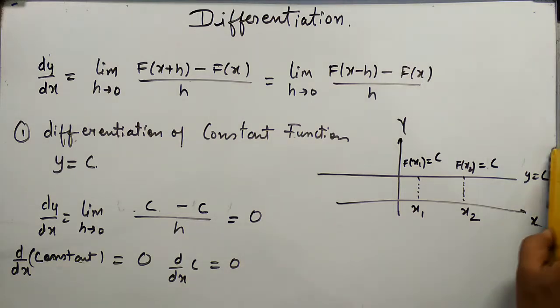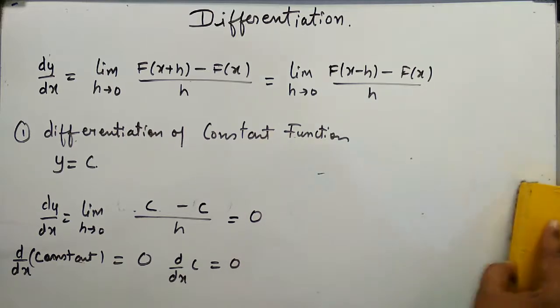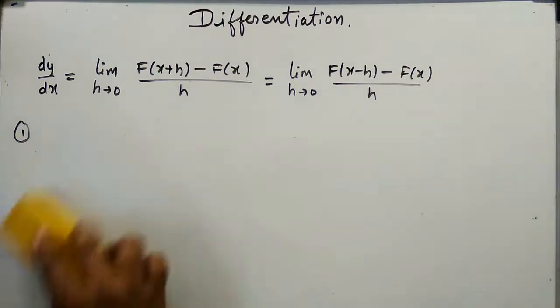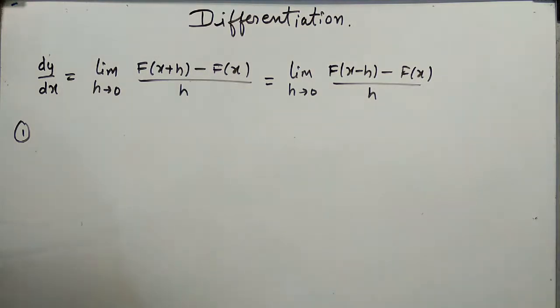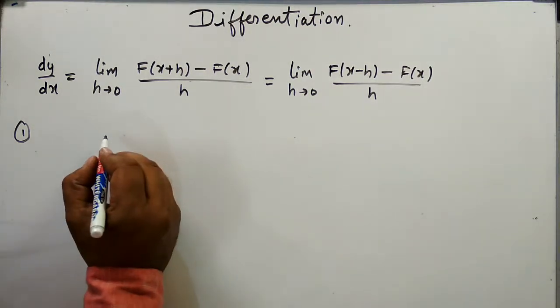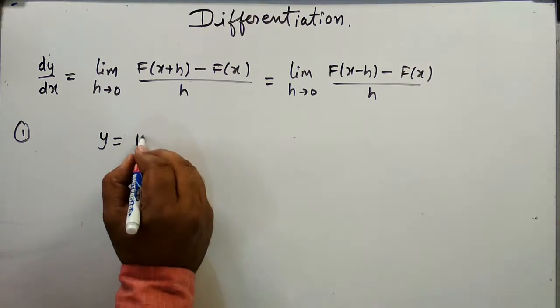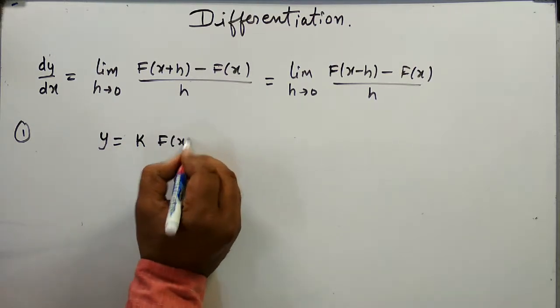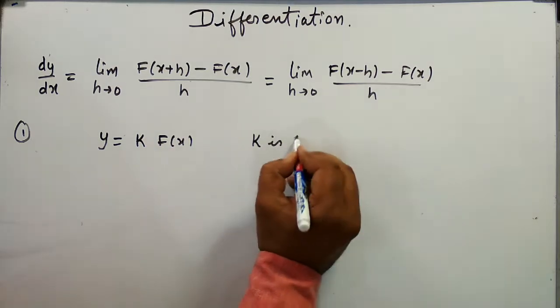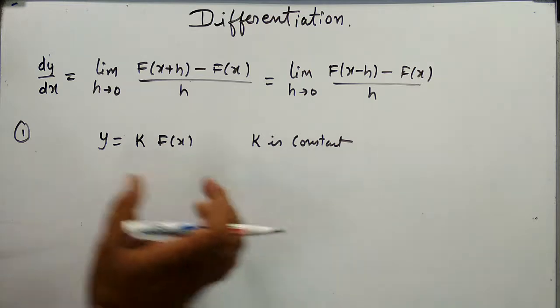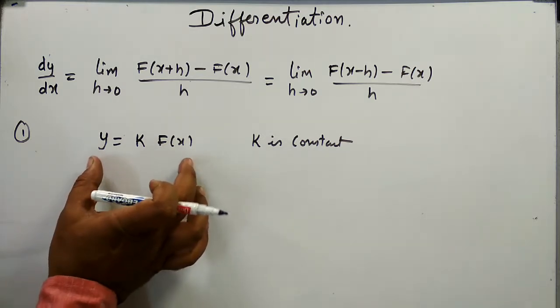Now the second type of function is one where a constant value is multiplied with the function, like y equals k times f(x), where k is some constant. What is the property for differentiating this function?